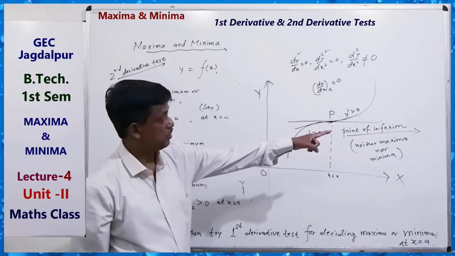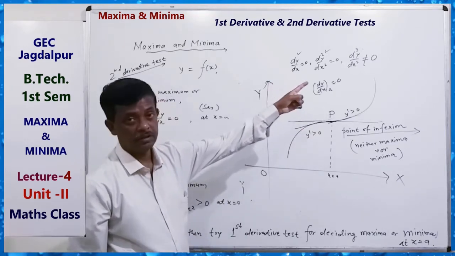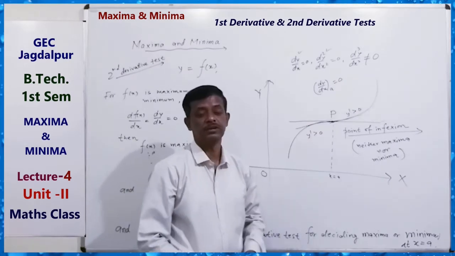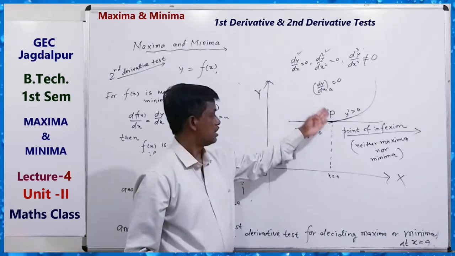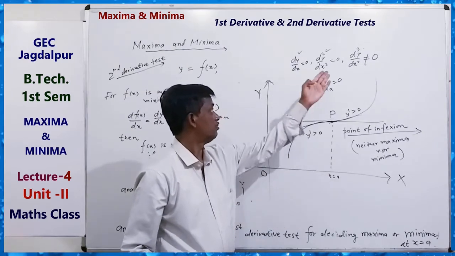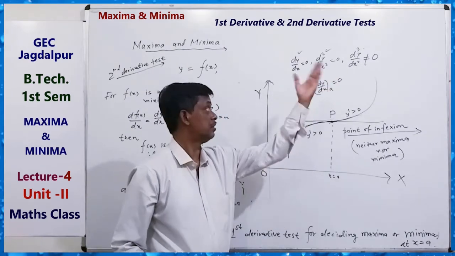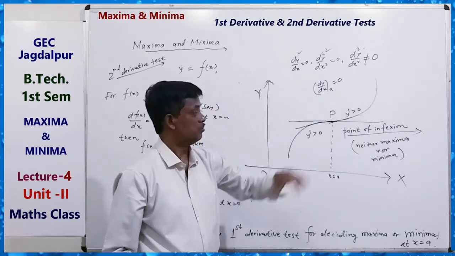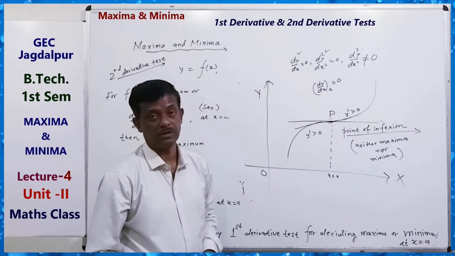So for this condition, we can say that this type of point is called a point of inflection, where the first derivative and second derivative are 0, but the third derivative is not equal to 0.